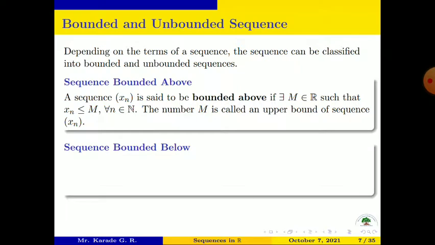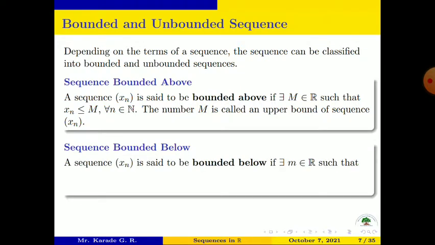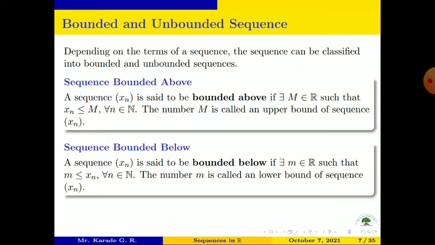Now we define a sequence bounded below. A sequence xn is said to be bounded below if there exists a real number small m belonging to R such that small m is less than or equal to xn for all n belonging to N. The number small m is called a lower bound of the sequence xn.